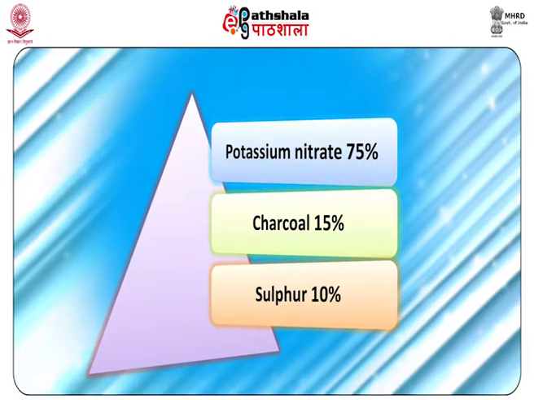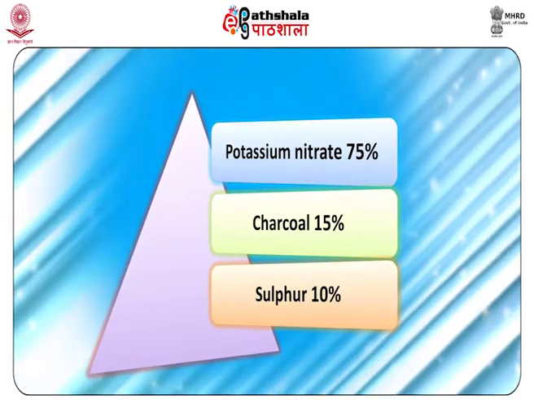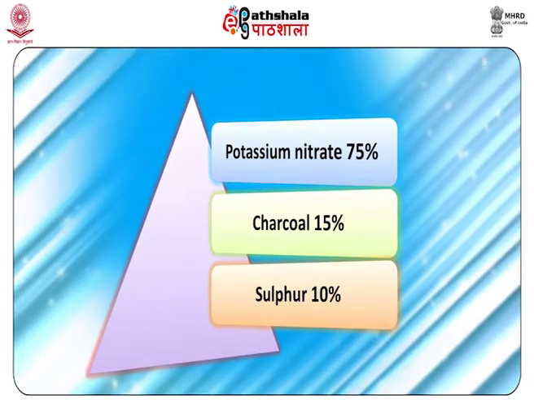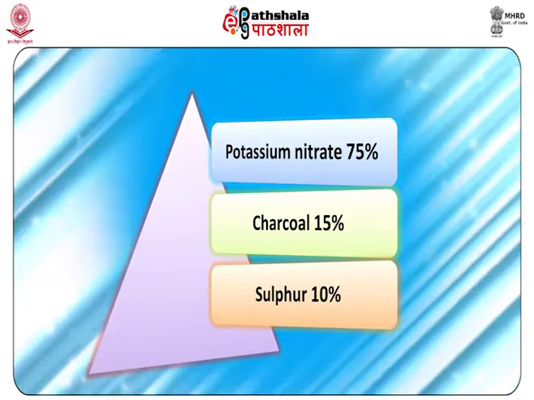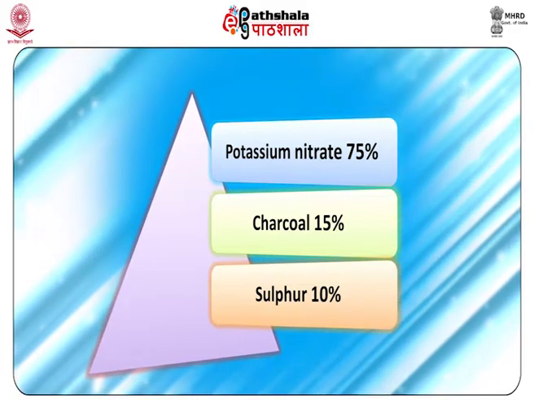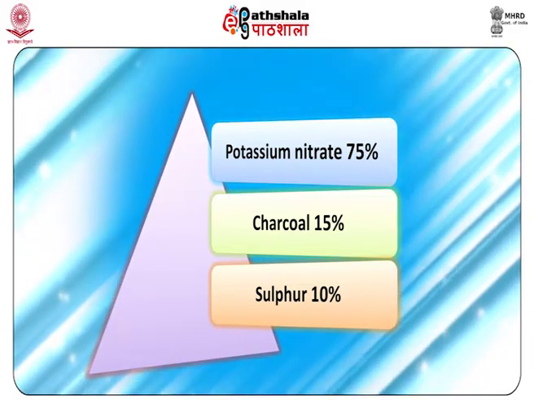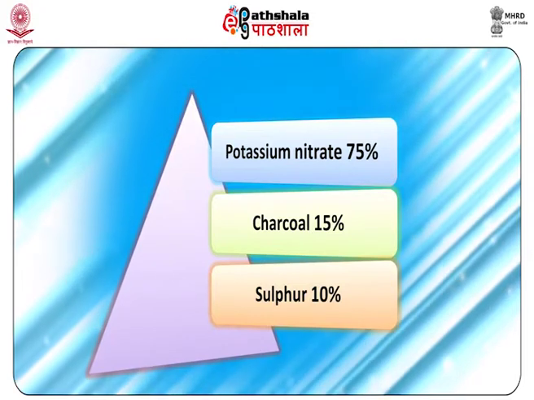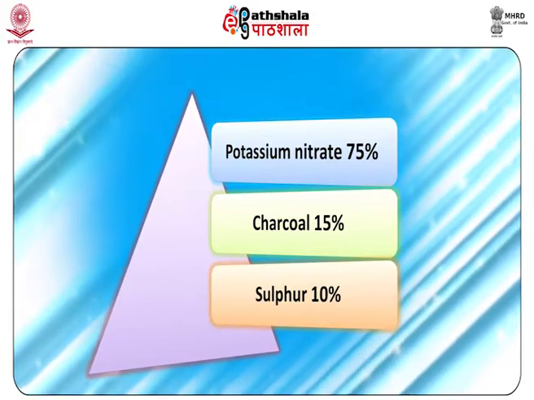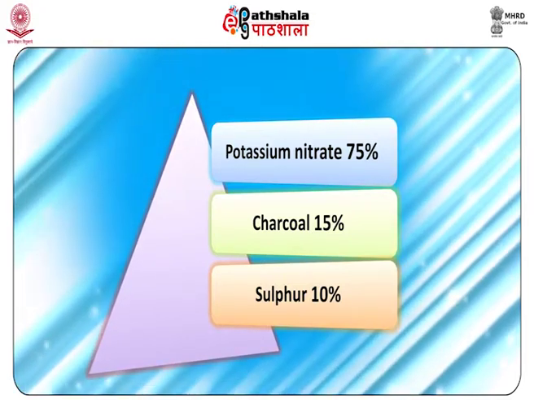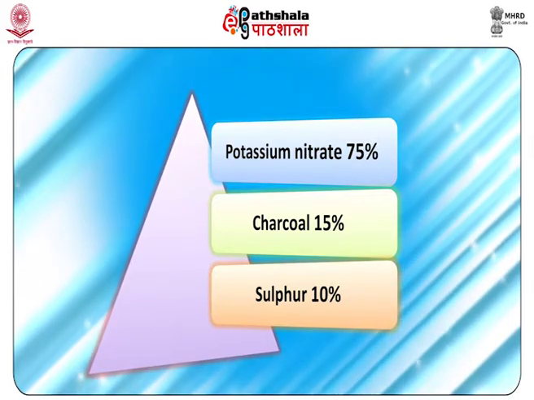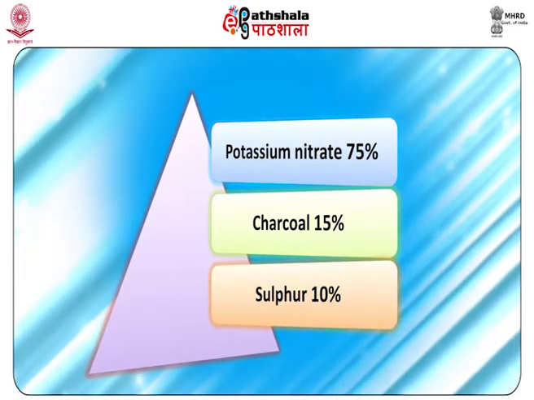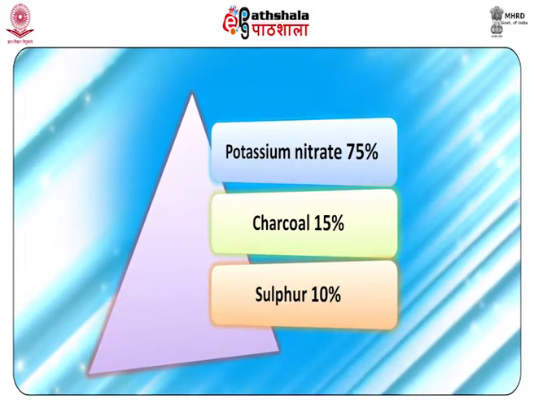Black powder is the oldest recorded propellant, invented by the Chinese around the 10th century. It has the following composition: potassium nitrate, also known as saltpeter, 75%; finely divided particles of charcoal, 15%; sulfur, 10%.